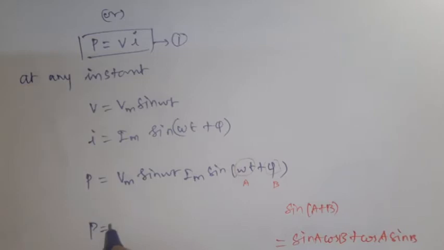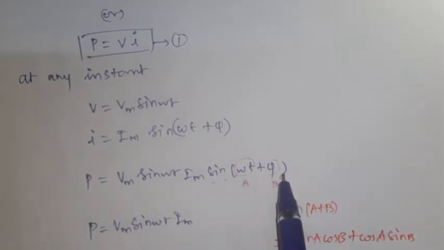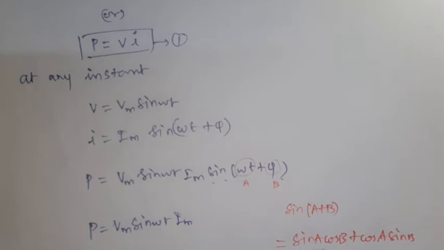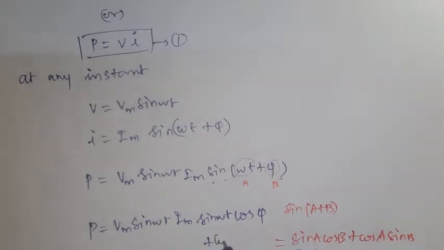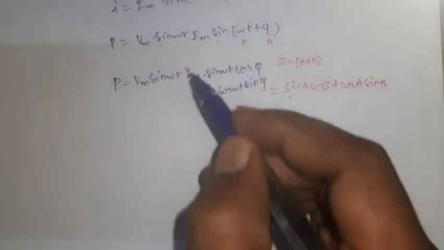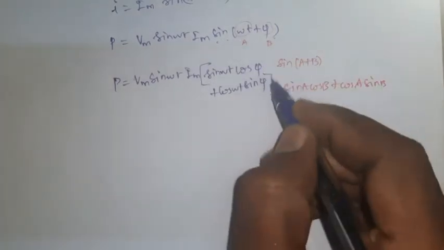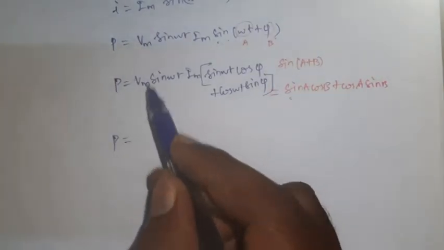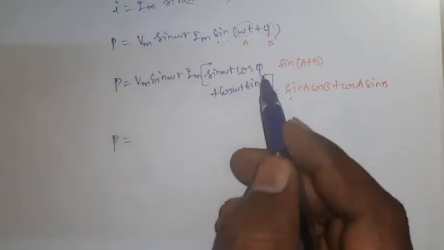So P is equal to Vm sine omega t times Im. For the sine omega t plus phi, we can apply sin A plus B: sin A cos B, so sin omega t cos phi, then plus cos A sin B, cos omega t sin phi. This is the expansion of sin omega t plus phi. Now we multiply sin omega t into these factors.